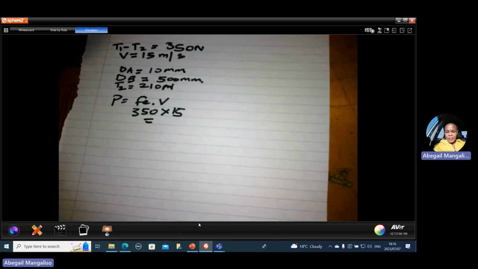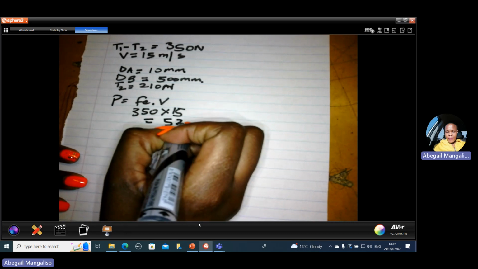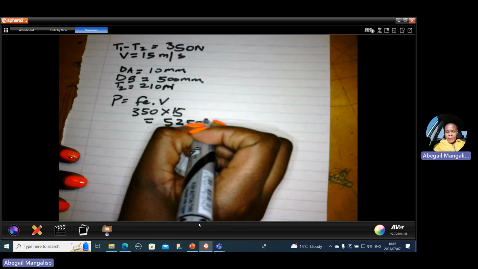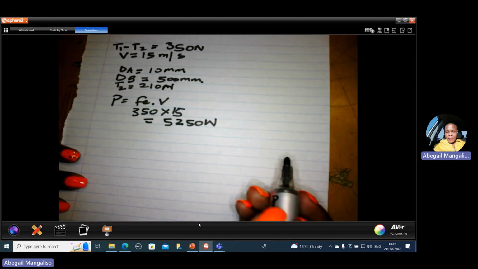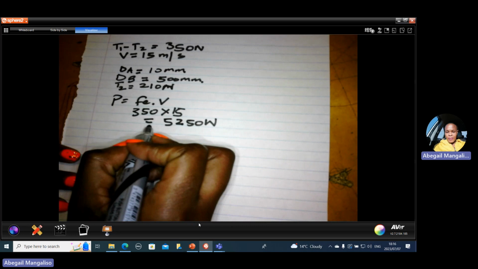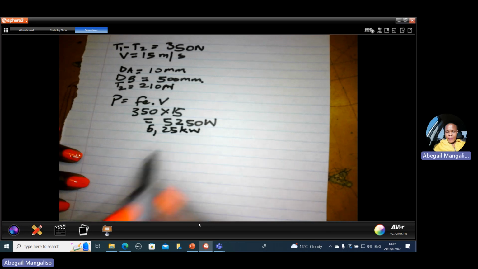So you just use your calculator, 350 multiplied by 15. The answer will be 5250 watts as a unit of power. A question can say calculate it in kilowatts. You divide it by 1,000, then it will be 5,25 kilowatts.